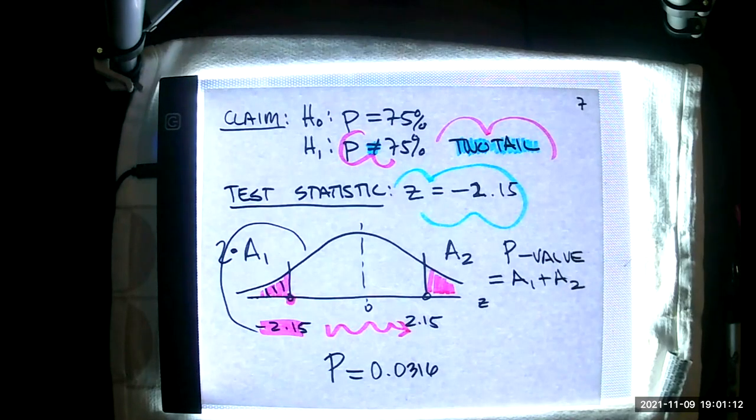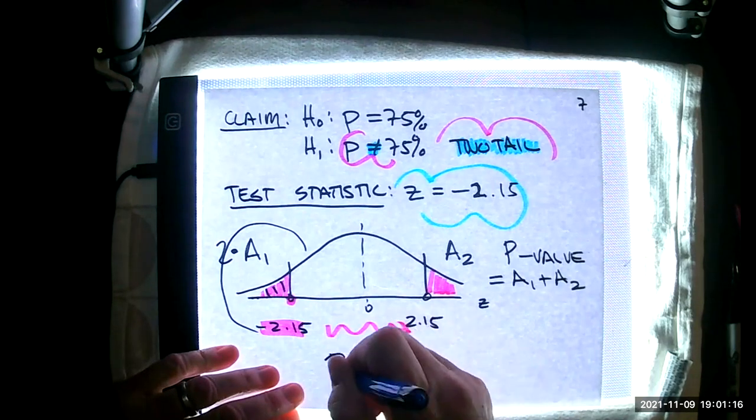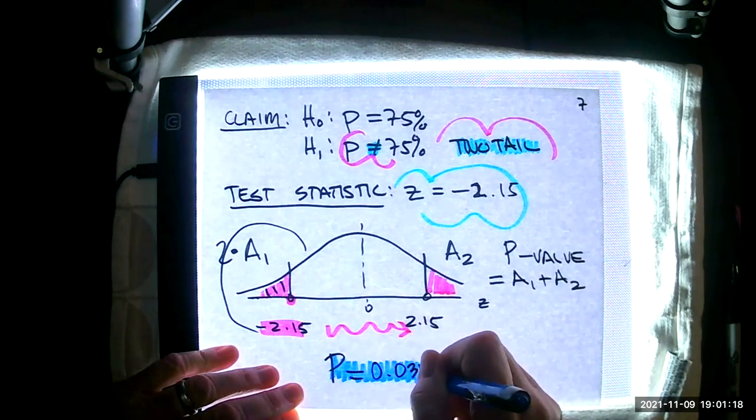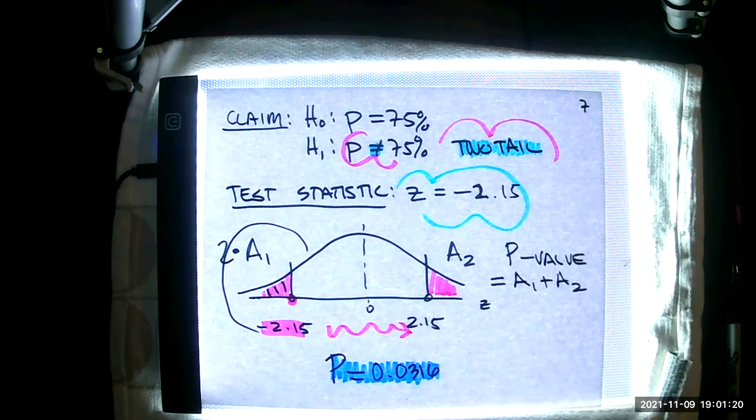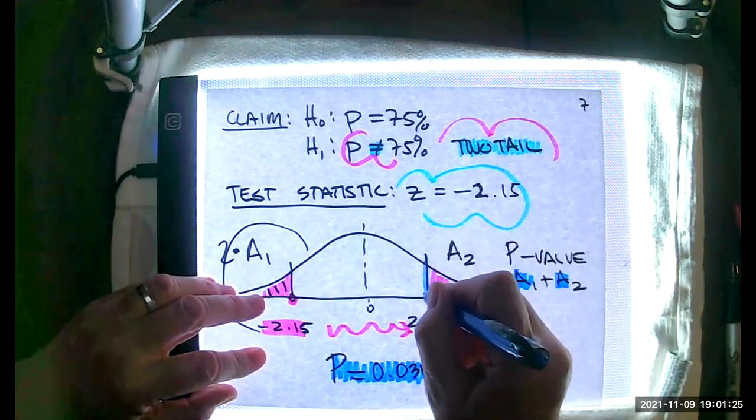So my p-value is 0.0316. Remember, it's the sum of these two areas.